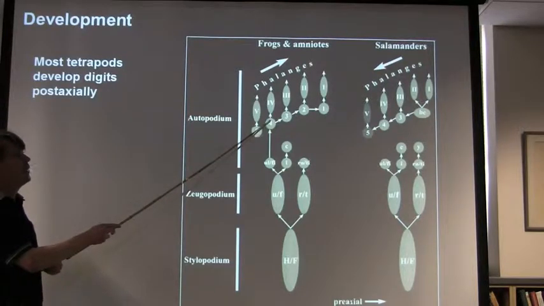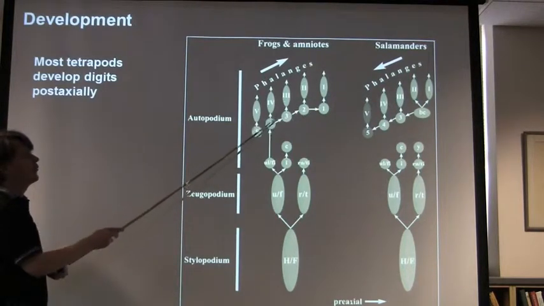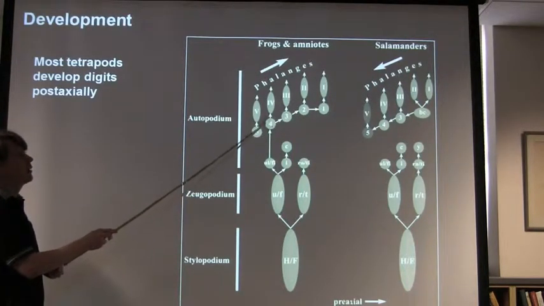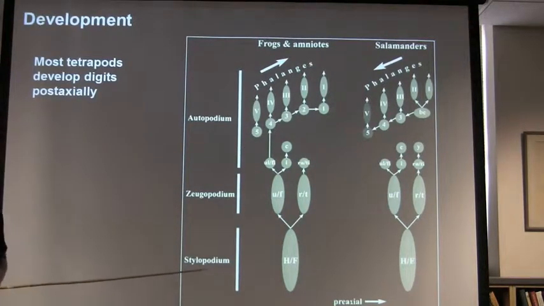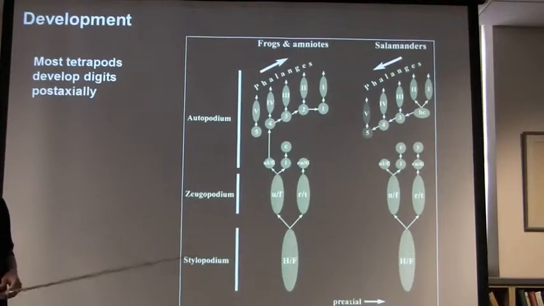Digit 4 then leads to digit 3, digit 2, digit 5 will come in around that point, and then digit 1. So establishing a digital arc at digit 4, and proximal carpals and tarsals first.